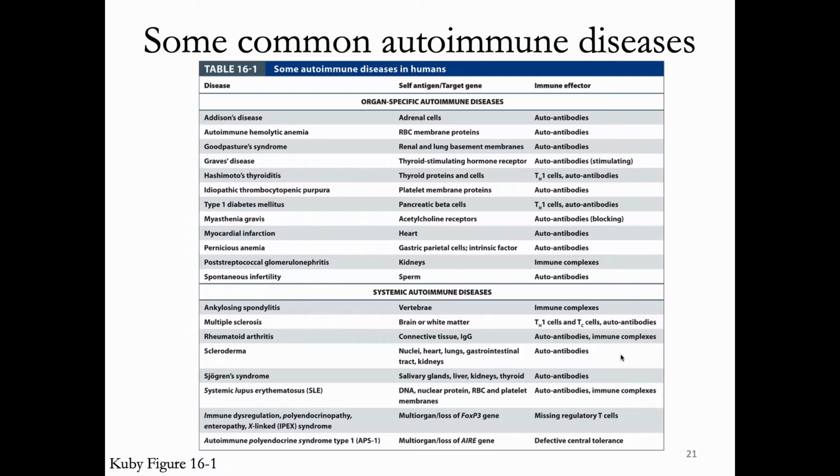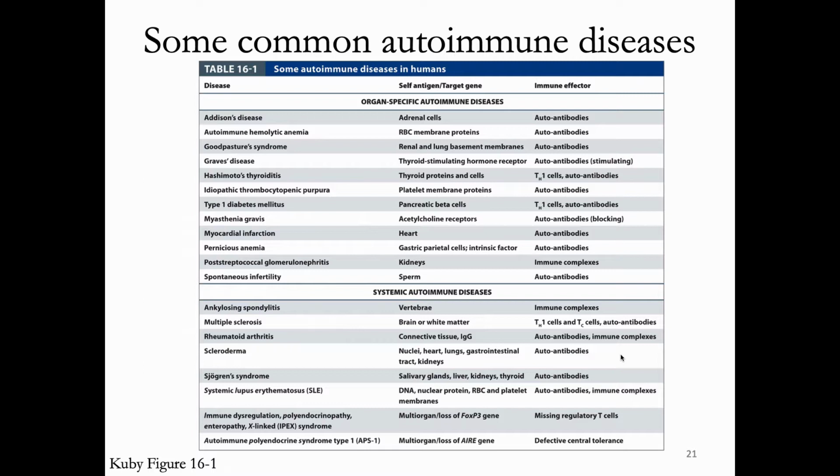All right. So these are some of the big autoimmune diseases listed in your textbook. You can see that this table lists the name of the disease on the left. In the middle, it lists the self-antigen, or the target anatomic location that is destroyed.